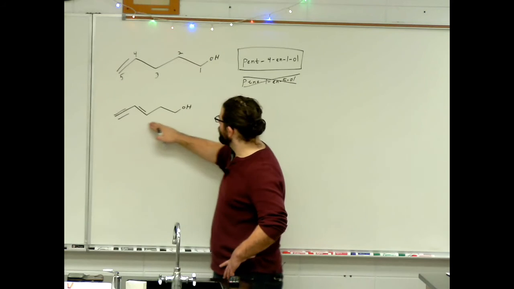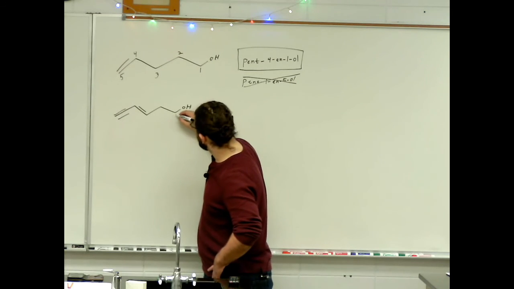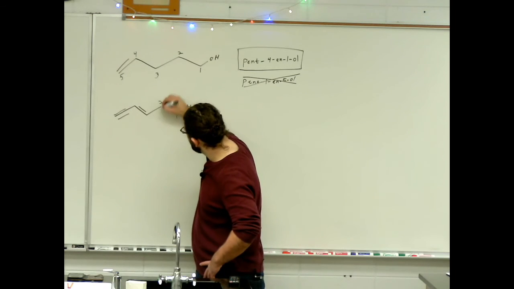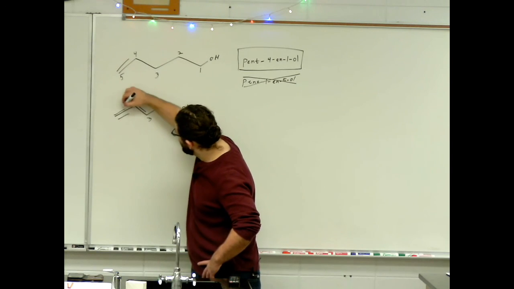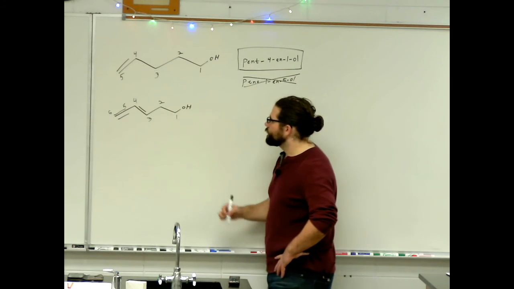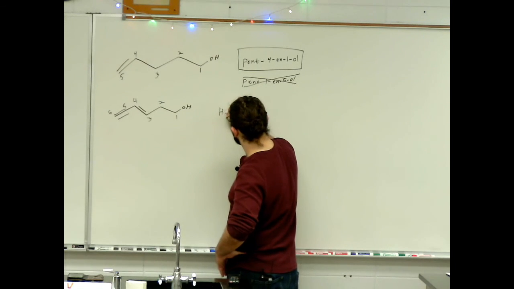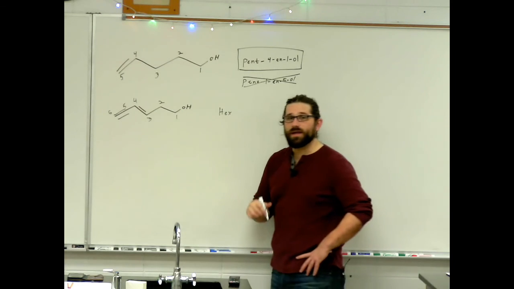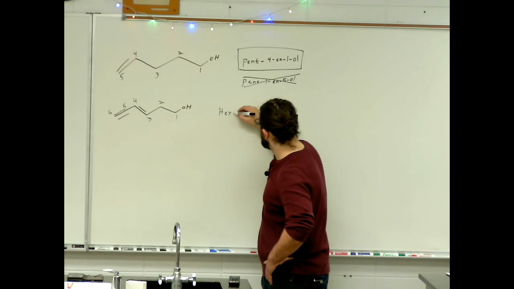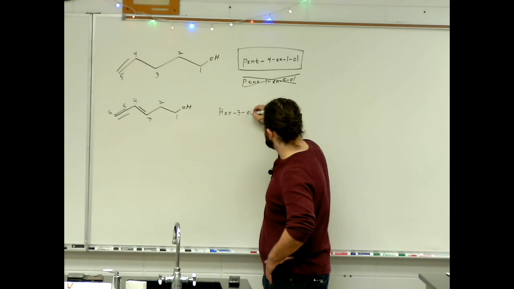And likewise, for this guy, we're going to count our numbering chain. The alcohol gets a higher priority, so we go 1, 2, 3, 4, 5, and 6. So this is going to be hex. And I've got a double bond and a triple bond. My double bond starts on 3, hex-3-en.